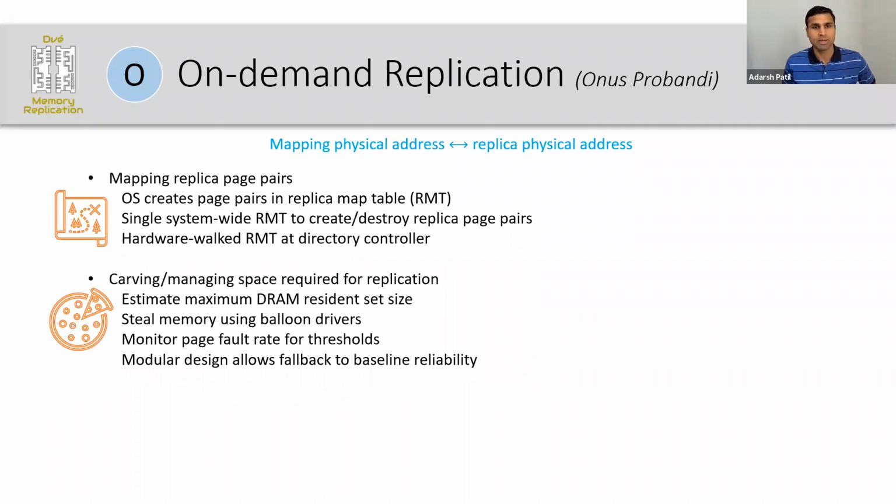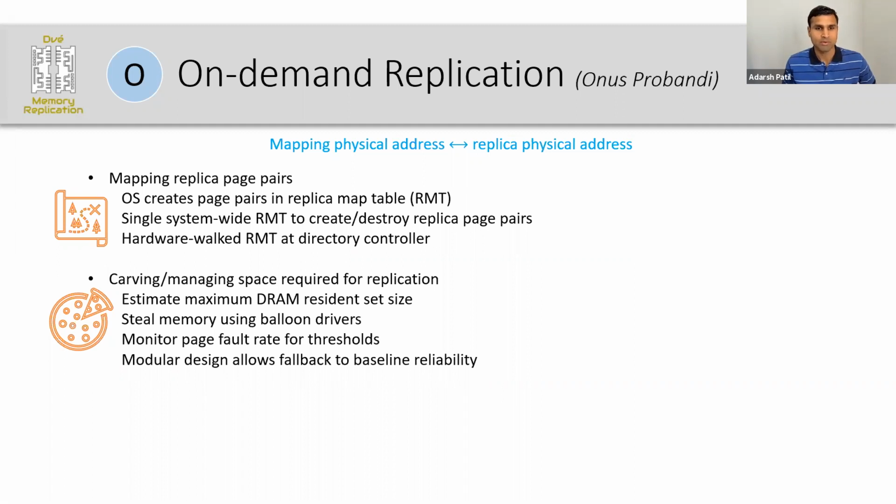If sufficient memory capacity is not available, then balloon drivers, similar to the ones used in hypervisors, can be used to steal memory. Page fault rates can then be monitored to ensure that replication does not cause excessive swapping. Note that disabling DWE's replication allows falling back to baseline reliability that is provided by the underlying system.